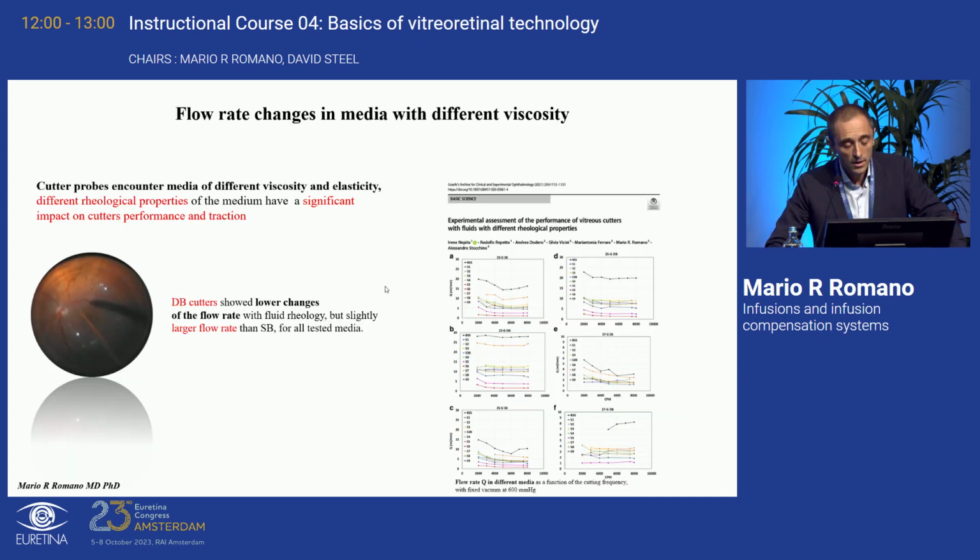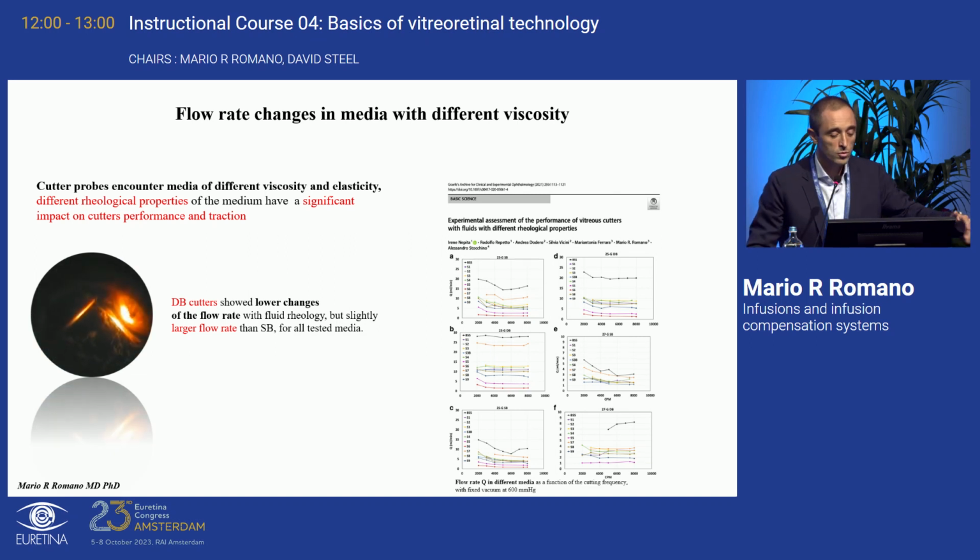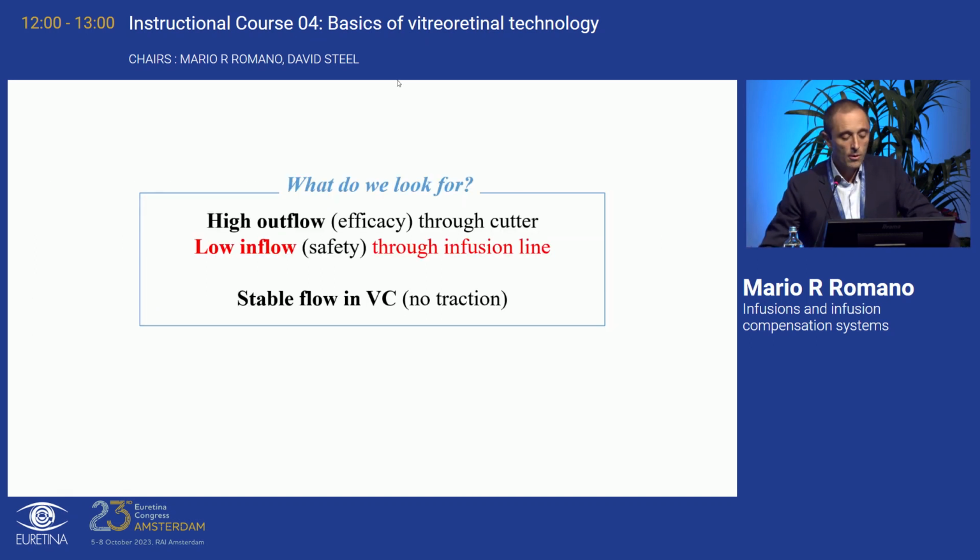Then we have another problem: the flow rate changes in media with different viscosity. If we are in vitreous or in BSS, we have a different viscosity and elasticity of the media, and so we can also have changes in pressure. Now, with the double cut, we have a high outflow but low inflow because our infusion is still small.